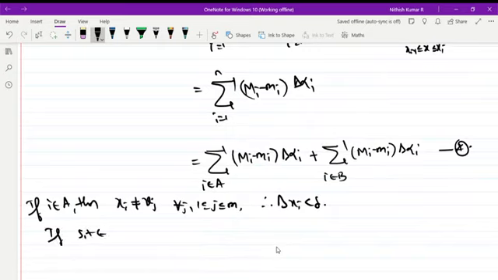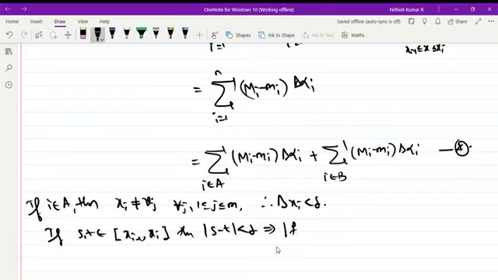If s comma t belongs to the closed interval xi minus 1 comma xi, then modulus of s minus t is less than delta, which implies, using uniform continuity, that modulus of f of s minus f of t is less than epsilon. Therefore capital Mi minus small mi is less than or equal to epsilon.